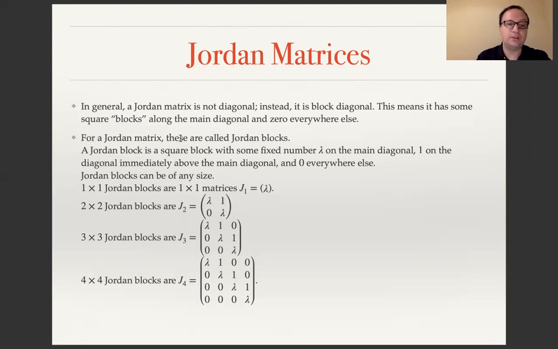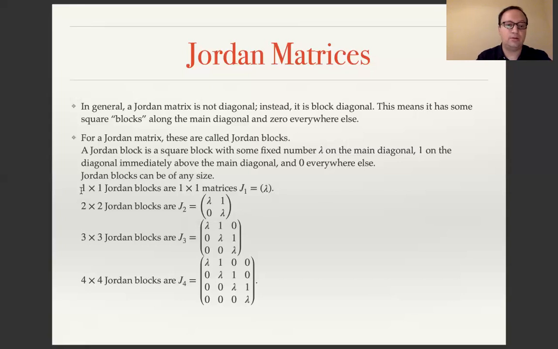For a Jordan matrix, these are called Jordan blocks and they have a special form. So a Jordan block is a square block with some number lambda on the main diagonal, which is the eigenvalue that corresponds to that block, and 1 on the diagonal immediately above the main diagonal, and 0 everywhere else.